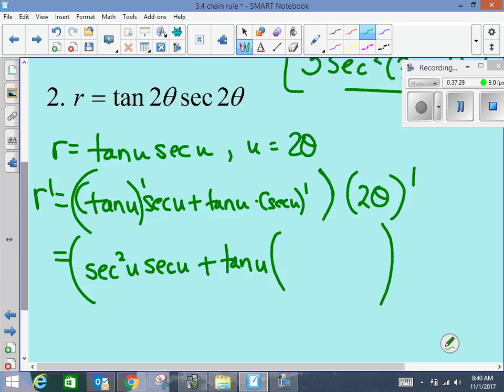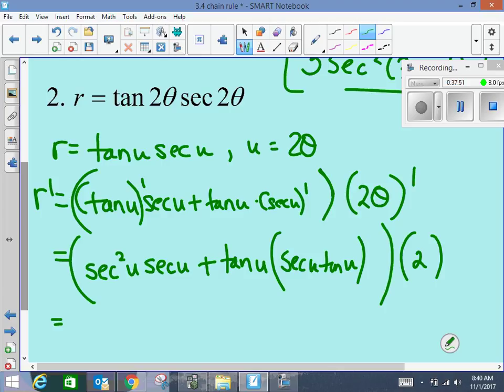Rachel? Is it secant U tangent U? It is. Good job. And the derivative of 2 theta? Karina? 2. Okay. Now it's a mess.